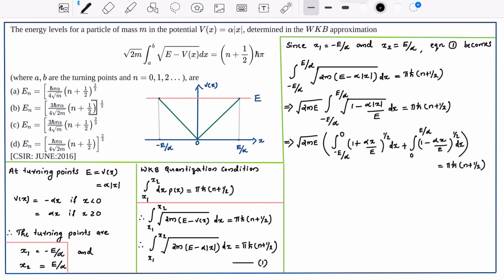Now let us evaluate the integrals. That is square root of 2mE within bracket.